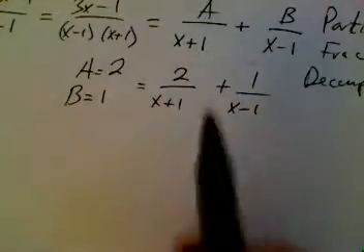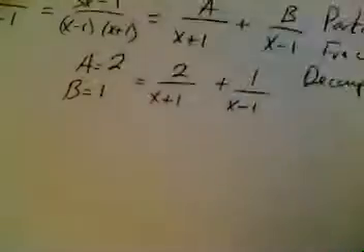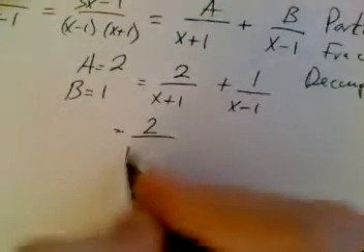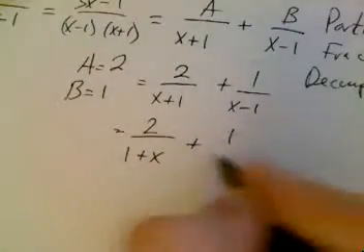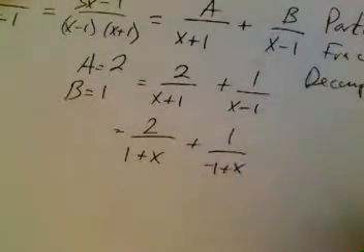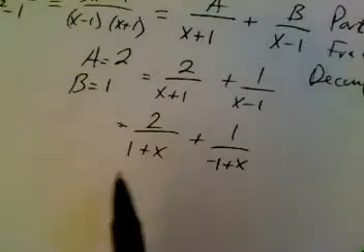Now remember, this is really close to what I'm looking for, this thing right here. So let me manipulate this thing so it looks like this. So this is equal to 2 divided by 1 plus x plus 1 over negative 1 plus x. Again, I'm writing it so that the x is second and the 1 is first.